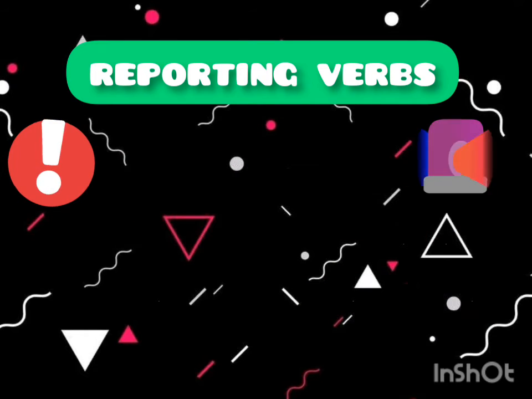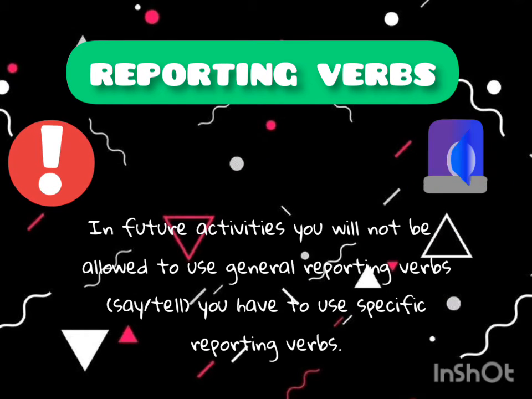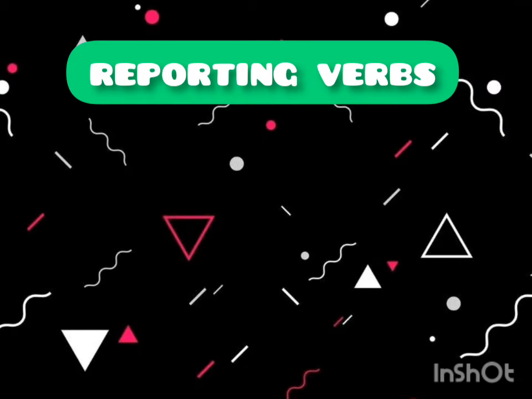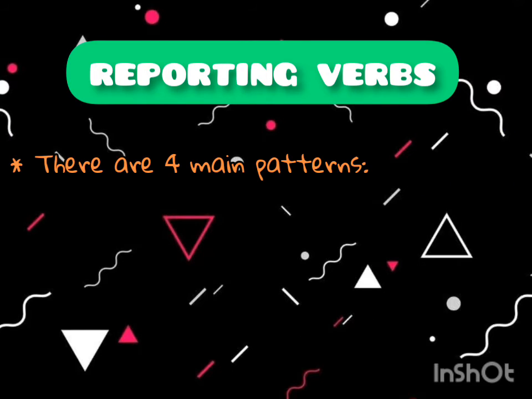Having said this, in the following activities for the course, you will not be using general say and tell, but these specific reporting verbs. It is important that you look up in your dictionary the meaning of each of the verbs that you are going to be introduced. We are going to focus our attention on 4 main patterns and the verbs that you can find in each of them.